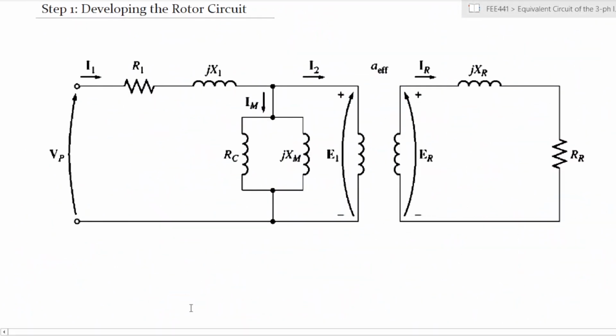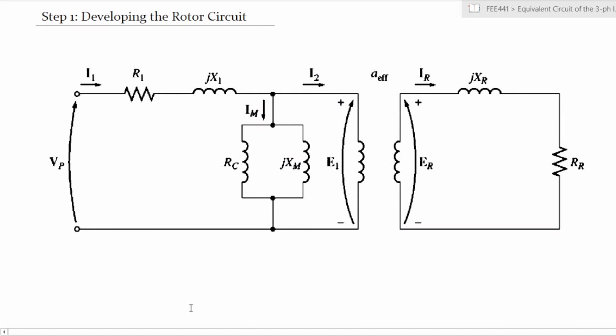This is neater than my hand-drawn diagram, but it has all the components we are talking about, just in a clearer fashion. Starting from this side, you have your stator, and the stator has an air gap between it and the rotor. So this side is stator, this side is rotor.